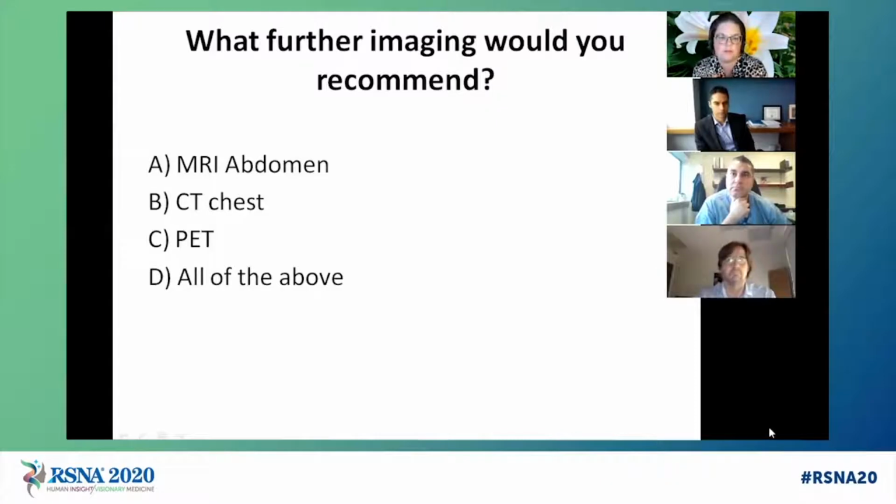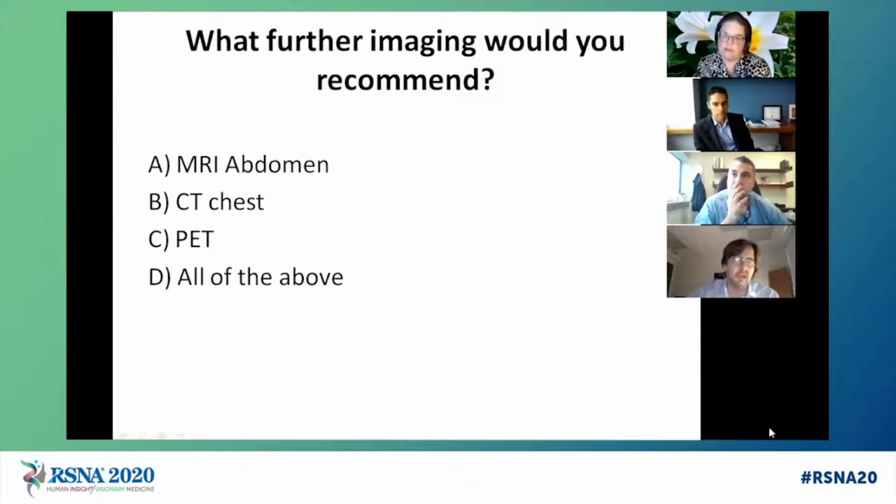Dr. Breyer, do you have anything to add in terms of what these additional modalities could add? Usually the way we do it at UCSF is we get the pancreatic protocol CT and the CT chest in combination. And if there's any indeterminate lesion, we'll go for the MR abdomen, especially if there's an indeterminate lesion in the liver.